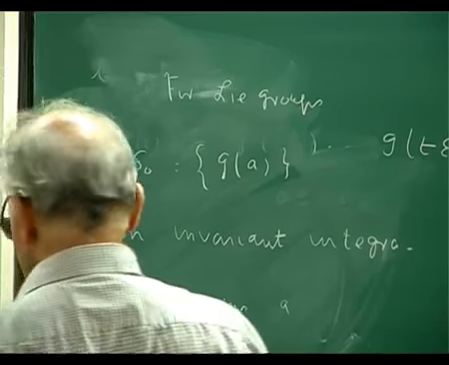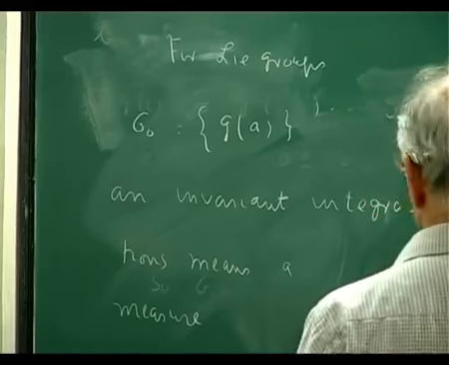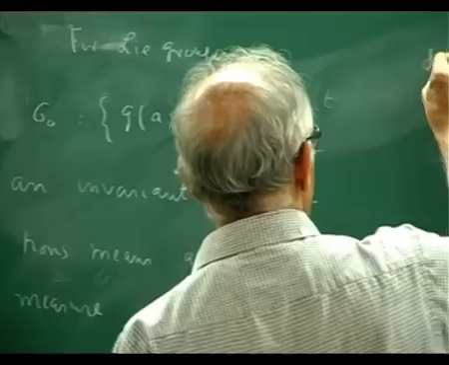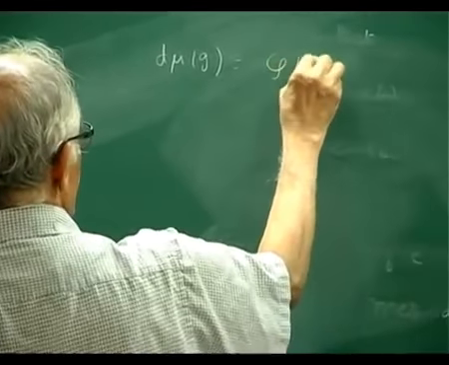Well, we can just think of a measure in the simplest way. Let me call it d mu of g, which in local coordinates will be some phi of a.